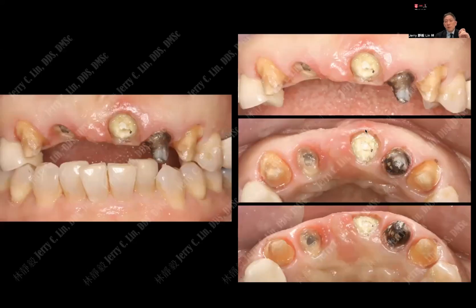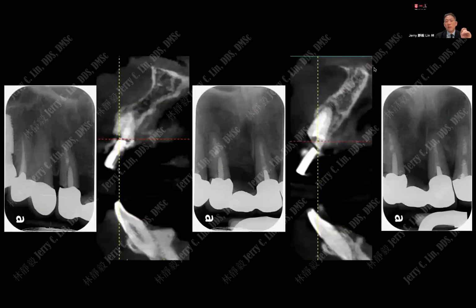You can see all the front teeth porcelain. Because of the fractured teeth, we removed the existing bridge, and the teeth were hopeless. The buccal plate was missing, the lingual plate was missing a little bit, and the buccal plate was missing for this central.